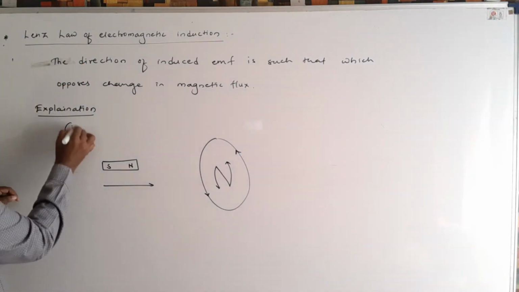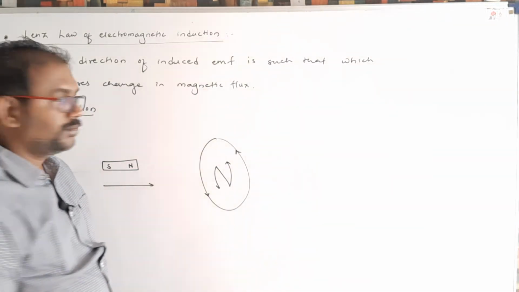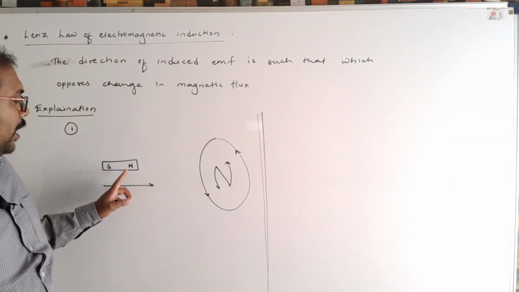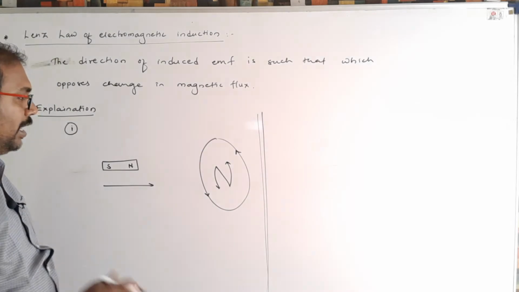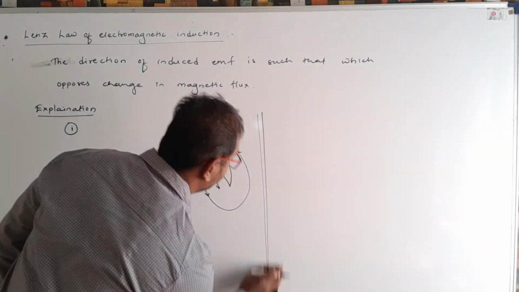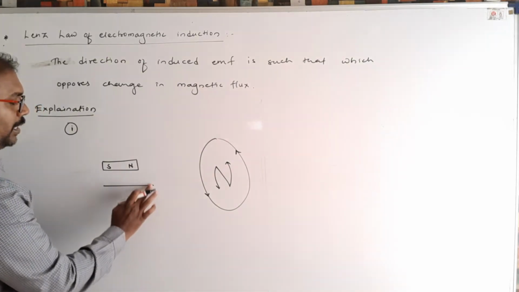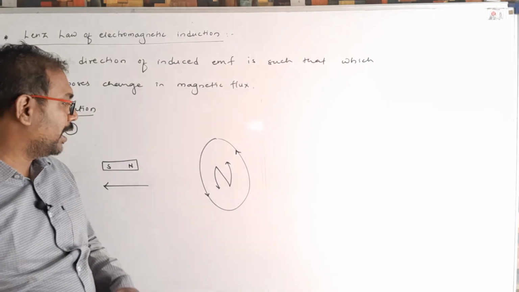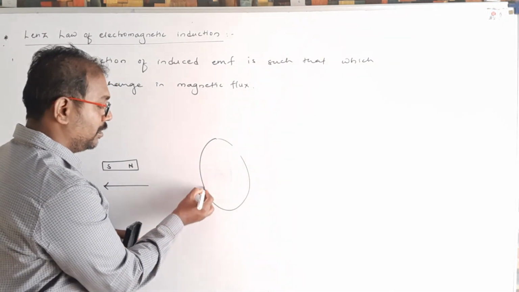So this is case 1. Now in case 2, instead of the N pole moving towards the coil, we move this N pole away from the coil. So if this N pole is moved away from this coil, what happens? The magnetic flux associated with the coil decreases.